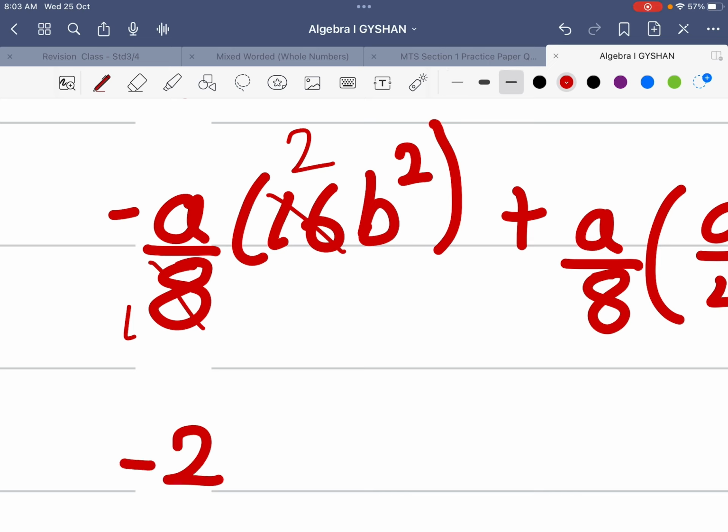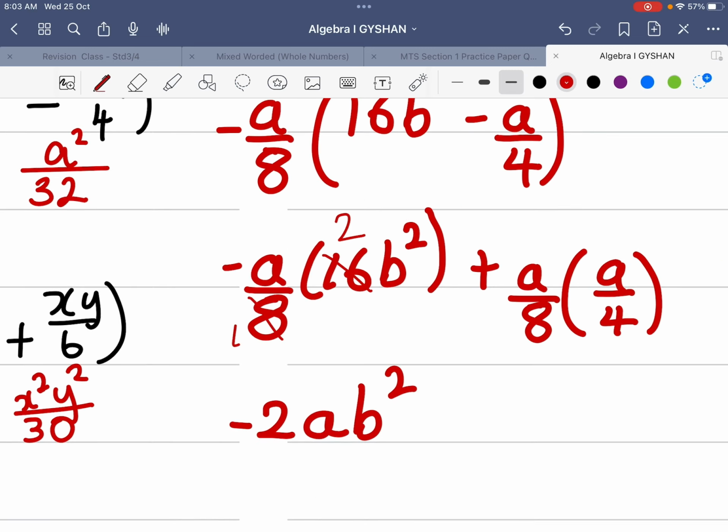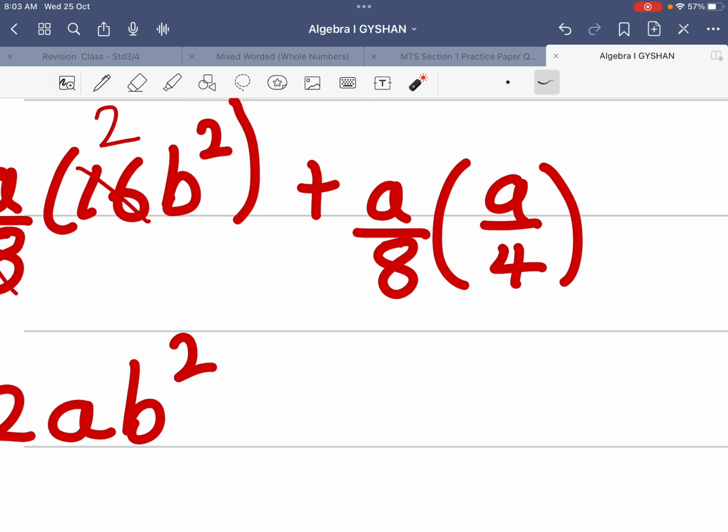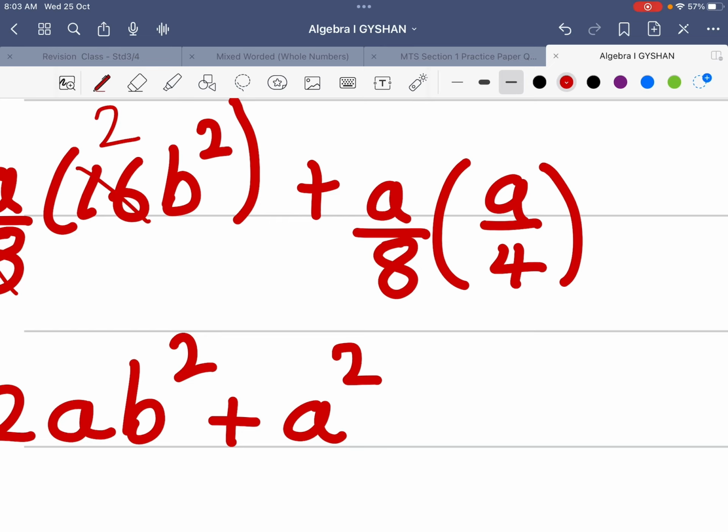Minus 2ab squared. And next we have a times a is a squared all over 8 times 4 is 32.